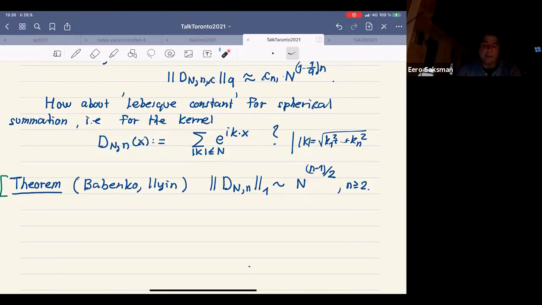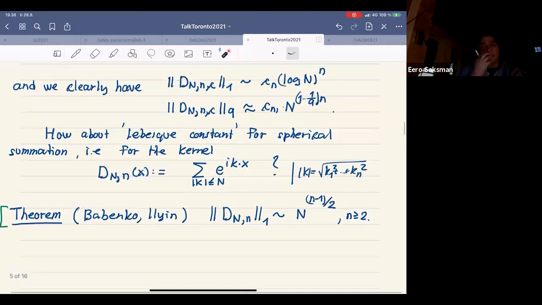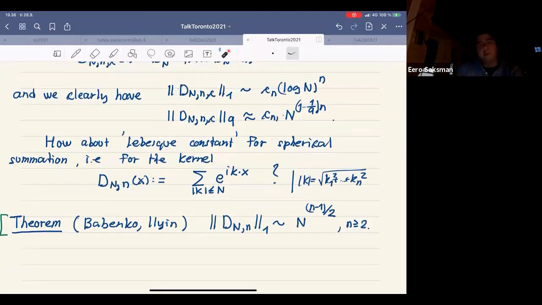So the Lebesgue constant, the L1 norm of this guy behaves in a much worse way than in one dimension, or even in n dimensions. Because in n dimensions, it's just the power of a logarithm, and this is a factor. This phenomenon we will use in the proof.